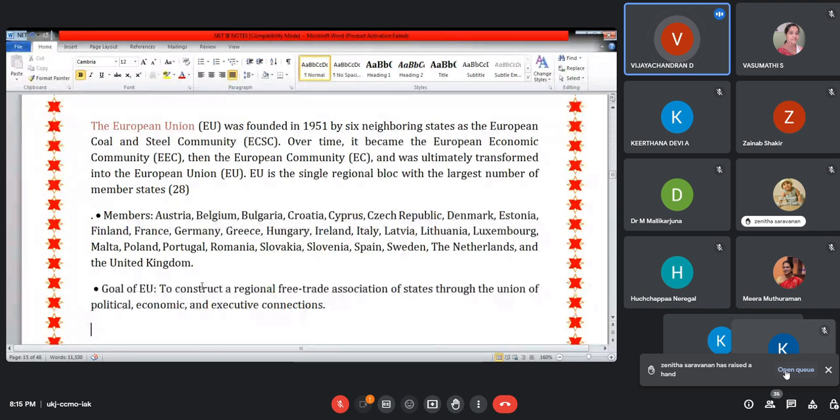So these are all the 28 member countries in the European Union, but India is not a member. As the name suggests, all the European countries.